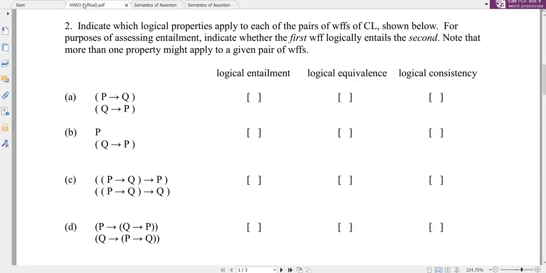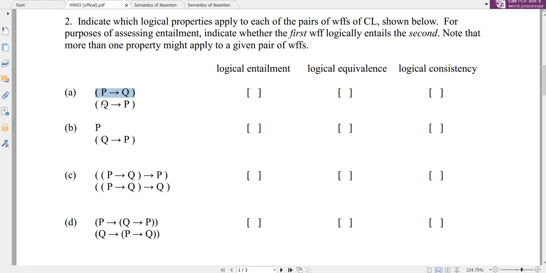Entailment is not going to hold if the first line is true and this is false. So what you can do is actually start with the bottom line and see if you can make it false.